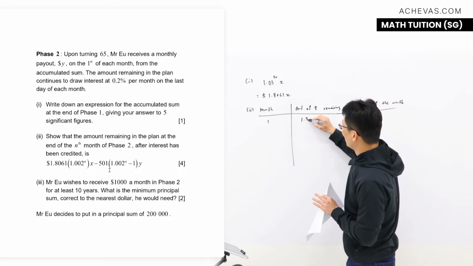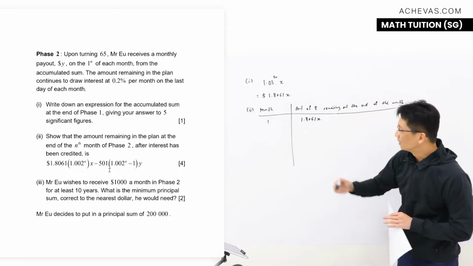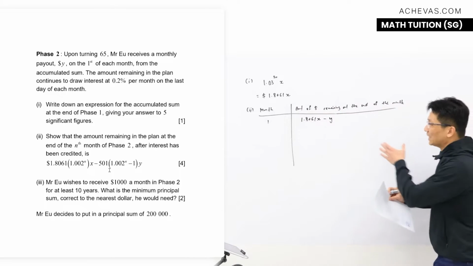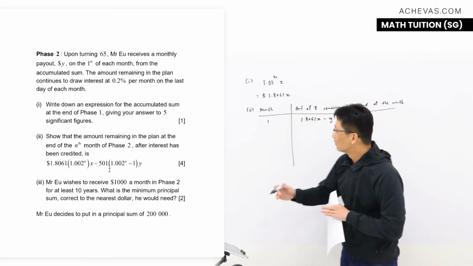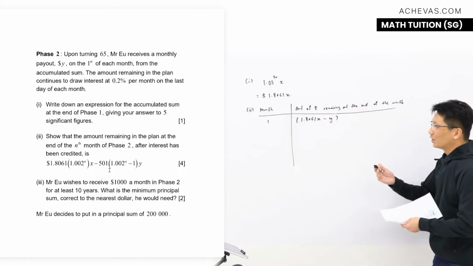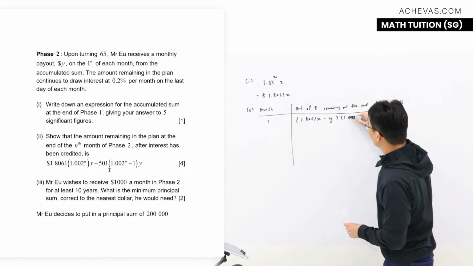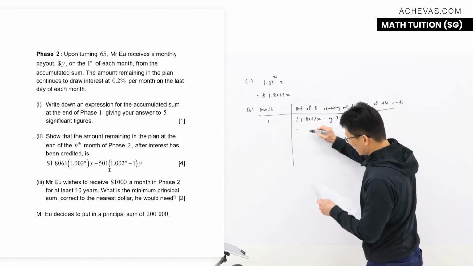It's 1.8061X. And he will be receiving Y dollars, so therefore minus Y. And that is the beginning of the month. And you can imagine you fast forward until the end of the month, what happened? This amount will have an interest of 0.2%, which is multiplied by 1.002. I can simplify a bit.